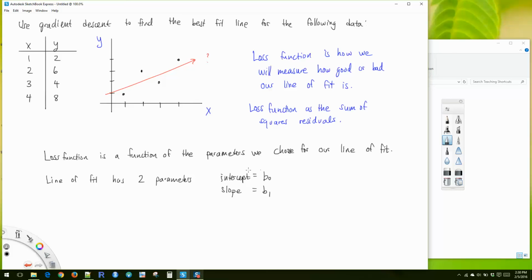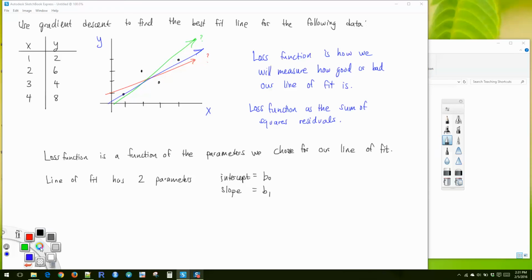Our choice of the intercept and slope will change the line that we use. So is this the good line, or is this the line that we want? Which line is best?